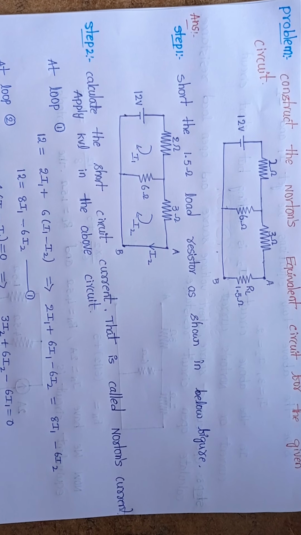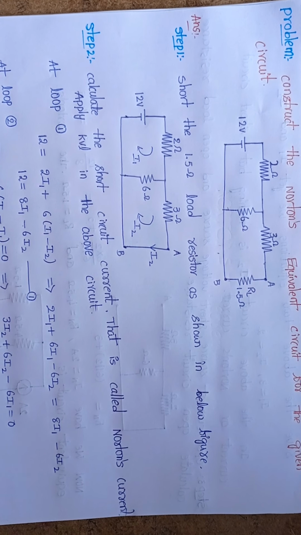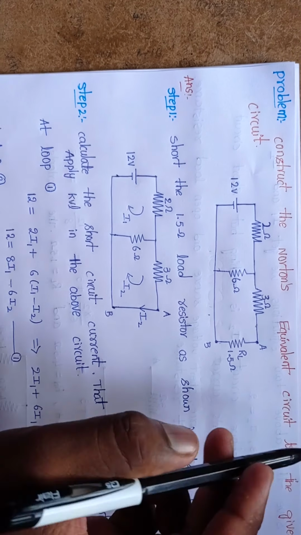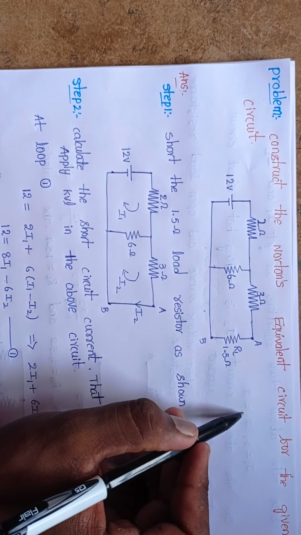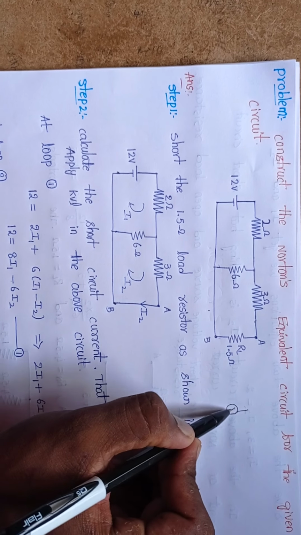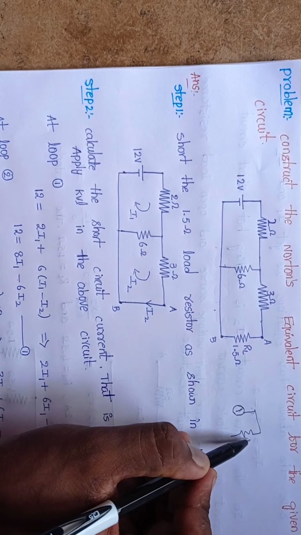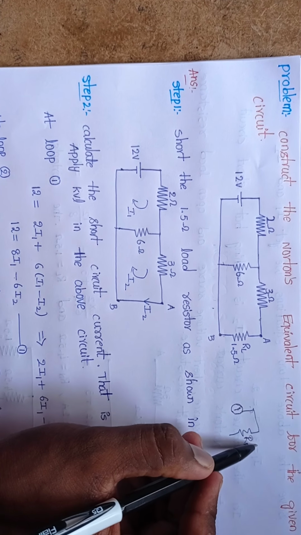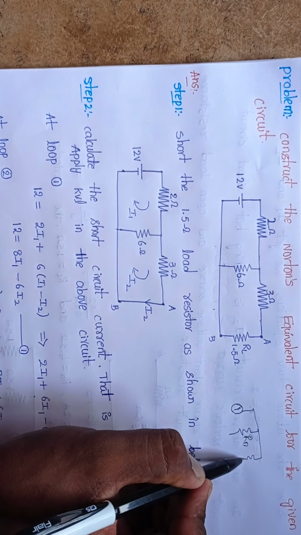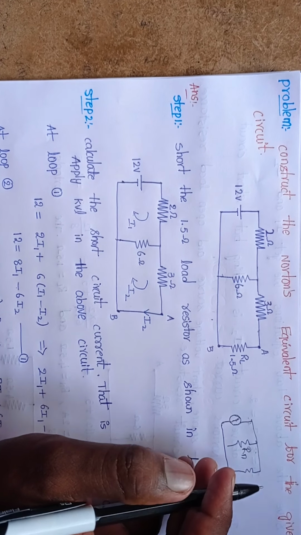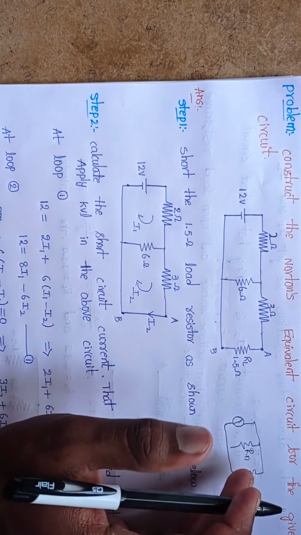We know that in Norton's equivalent circuit we have only one current source connected in parallel with the Norton's resistor Rn and connected in parallel with the load resistor. This is the Norton's equivalent circuit for any circuit.